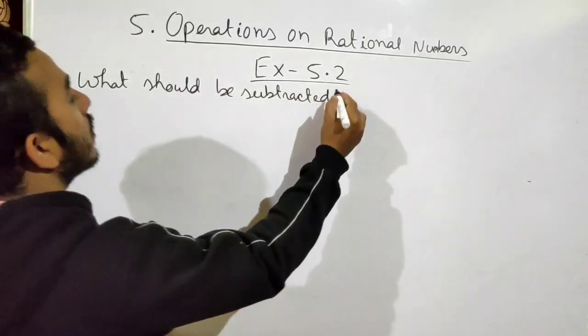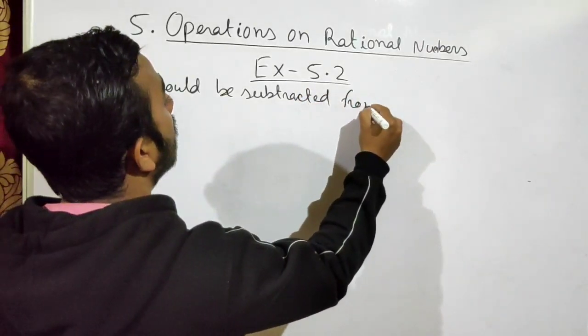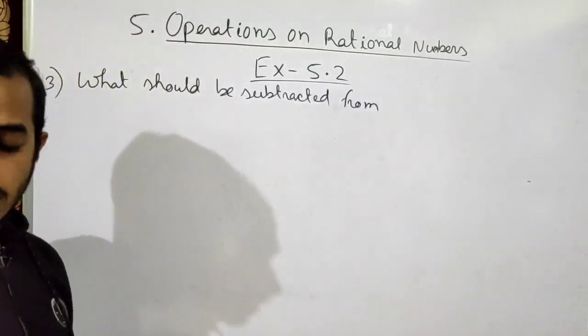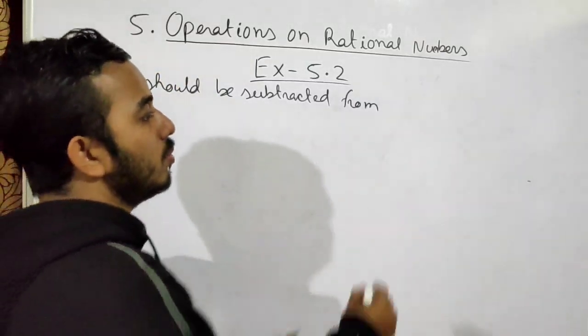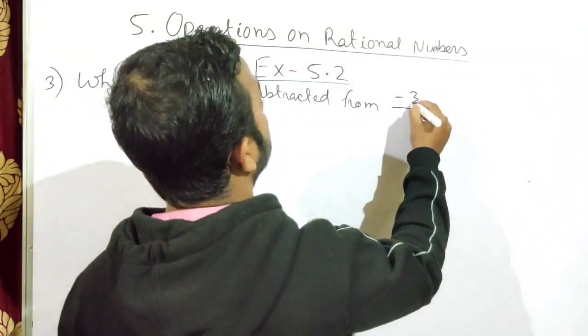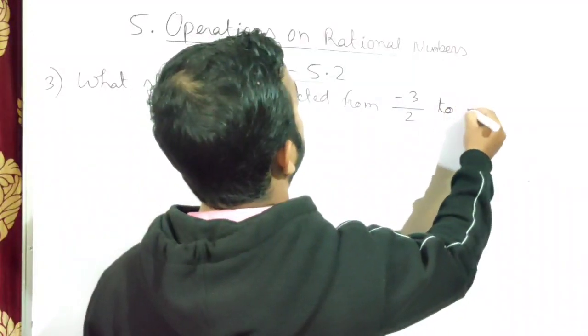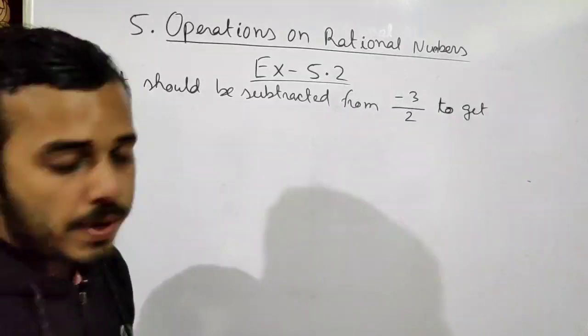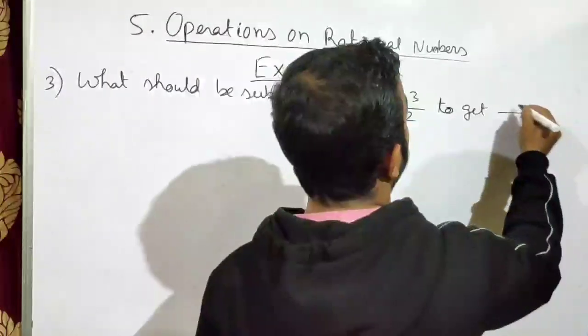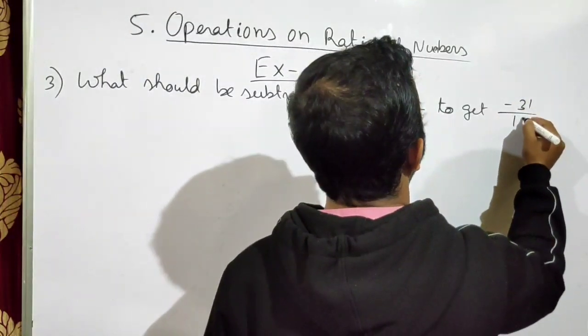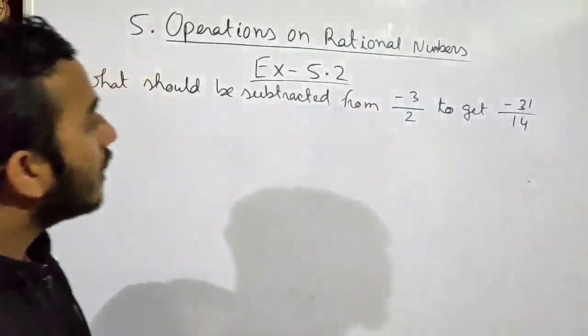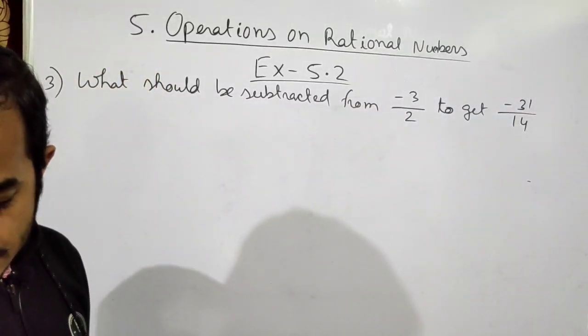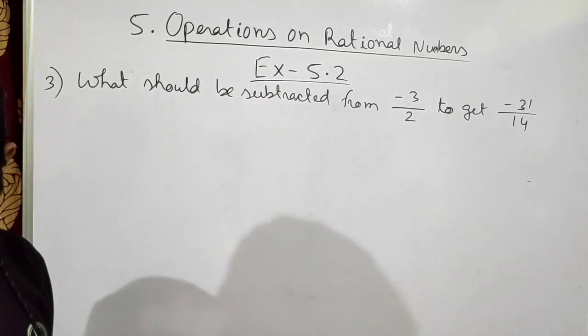What should be subtracted from minus 3 by 2 to get what is the result? Minus 31 by 14. Clear? That is minus 31 by 14 is correct. Yes, minus 31 by 14 and minus 3 by 2.